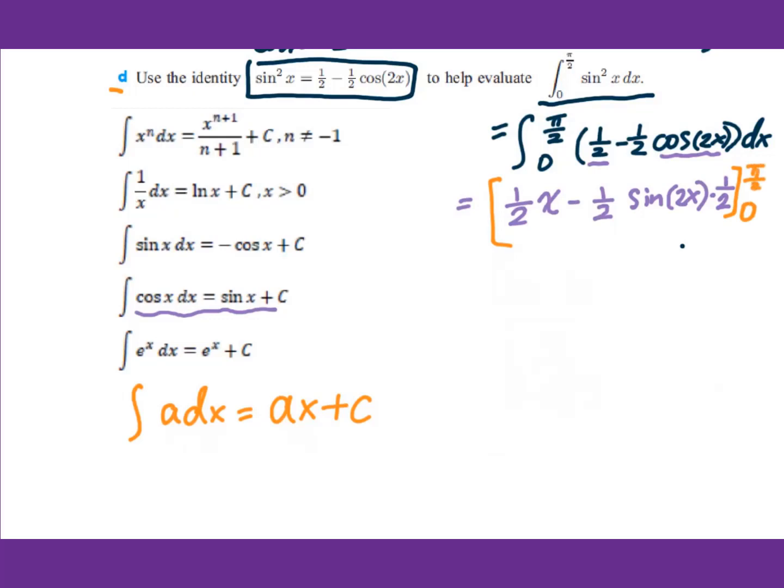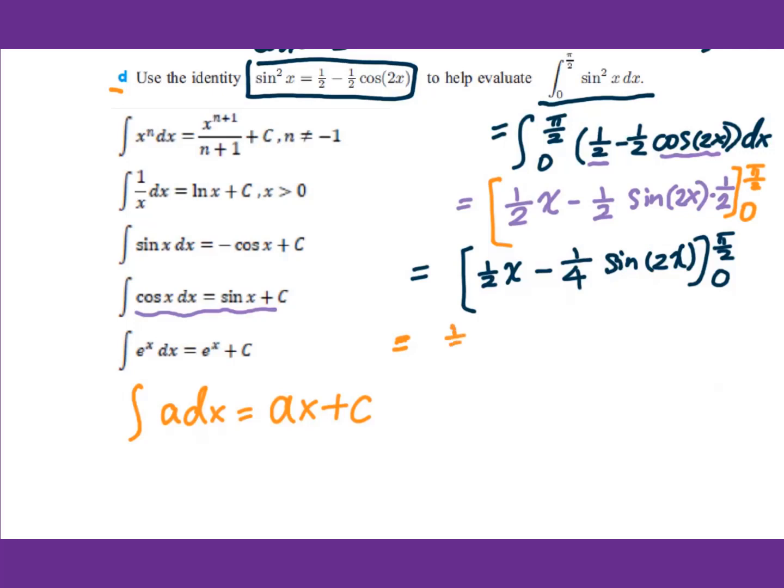Organize inside. Don't rush to plug in. So we have 1/2 x minus 1/2 times 1/2, that is 1 over 4 sin 2x, from 0 to pi over 2. Then this time, plug in.